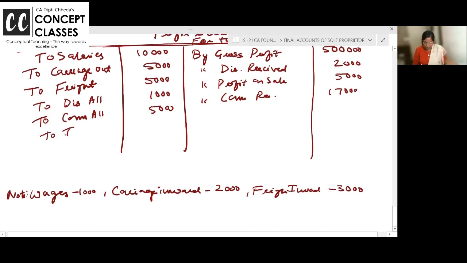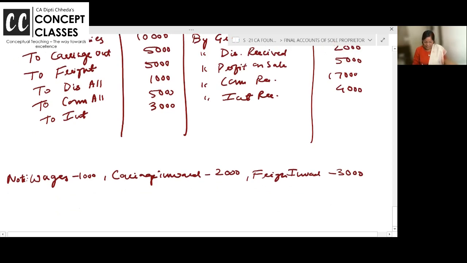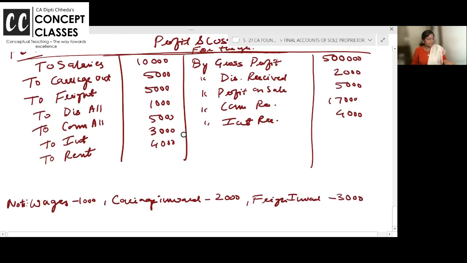Interest on loan. We must have taken a loan and we must have paid interest. Interest received. Rent paid. General expense. Rent received.